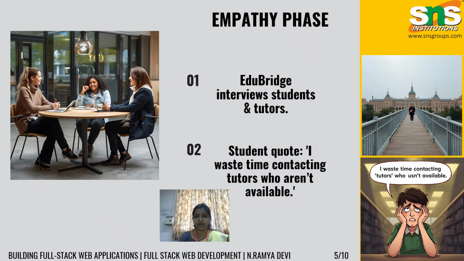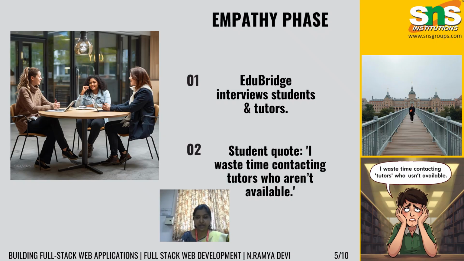In the empathy phase, the problem is that students cannot find a qualified tutor, and the tutor needs a steady income with flexible work time. Here in the empathy phase, we have interviewed many students and tutors, and we heard most of the students say, "I waste time contacting tutors who aren't available."